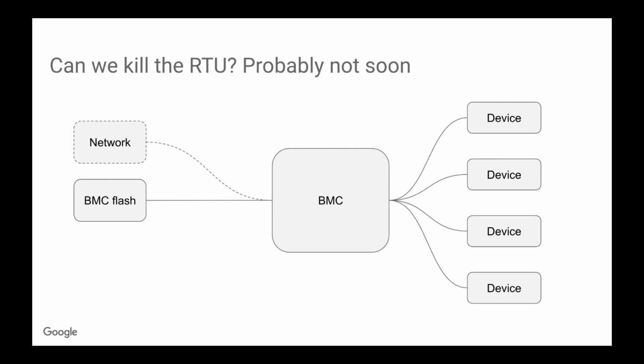Maybe, it's a possibility, but I don't see this happening anytime soon, completely killing all persistent boot media on the machine. As long as there must be some persistent boot media to get the machine bootstrapped, then I think we need an RTU sitting in front of that thing to make sure that it remains viable at all times.